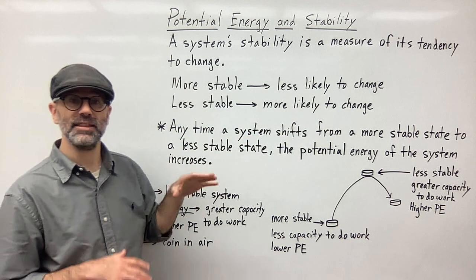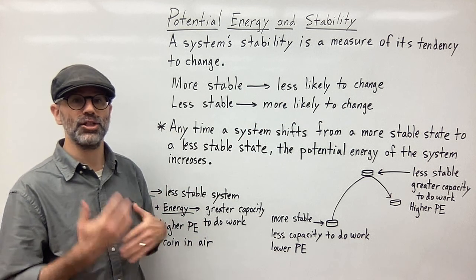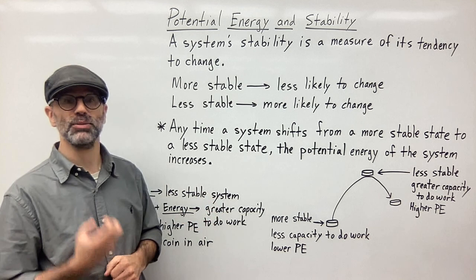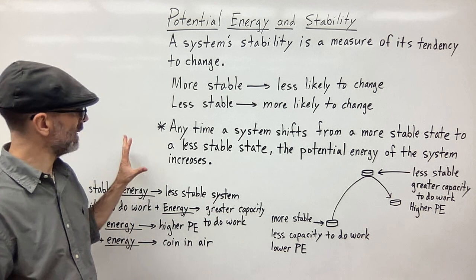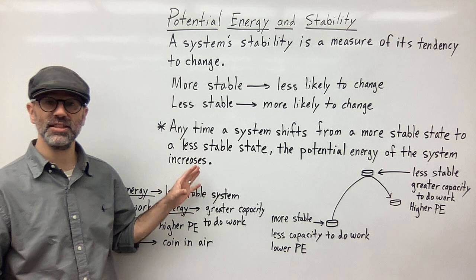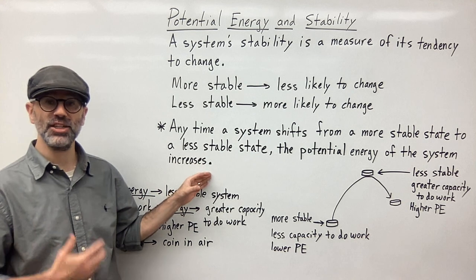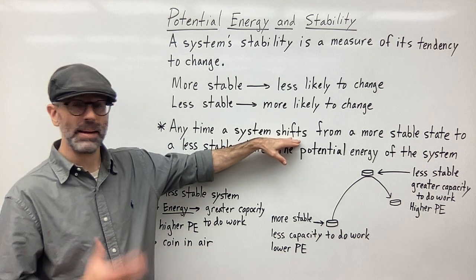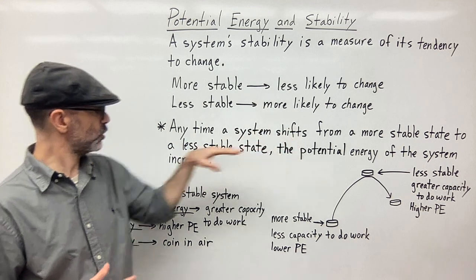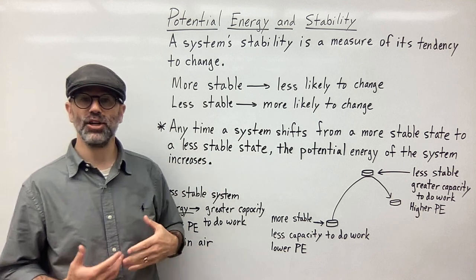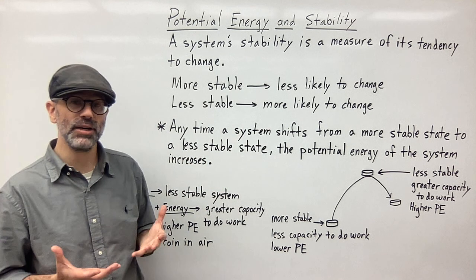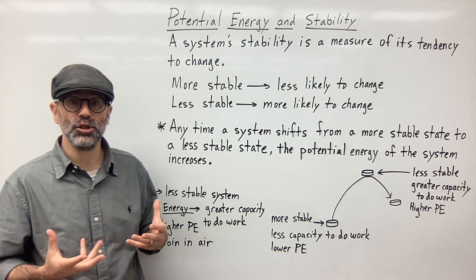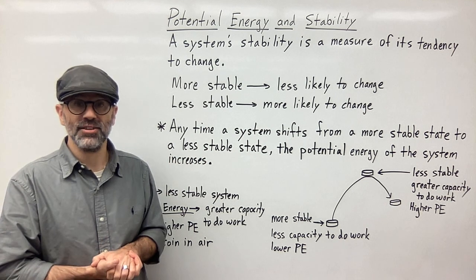So if we understand stability as a measure of its tendency to change, then more stable is less likely to change, less stable is more likely to change. And the key thing that we want to understand, in terms of a system's stability, likelihood to change, and its energy, is that anytime a system shifts from a more stable state to a less stable state, the potential energy of that system increases, meaning that its likelihood to do work on something is higher, right?